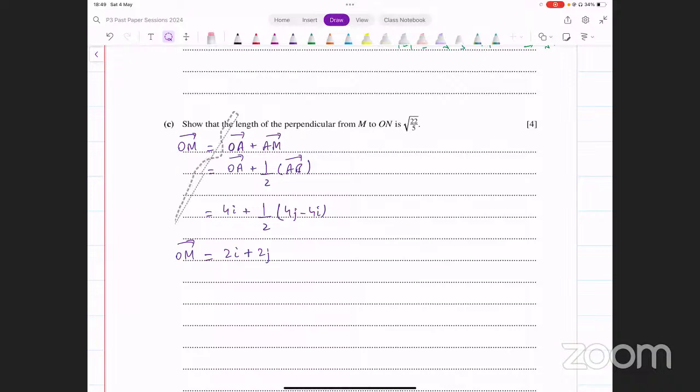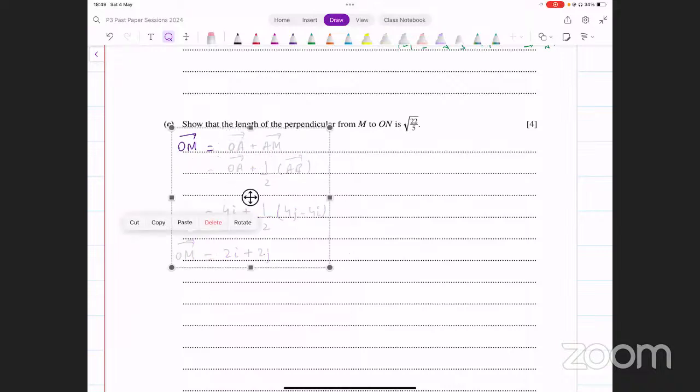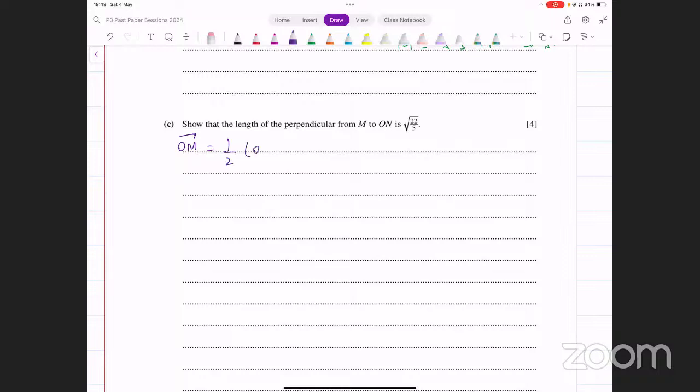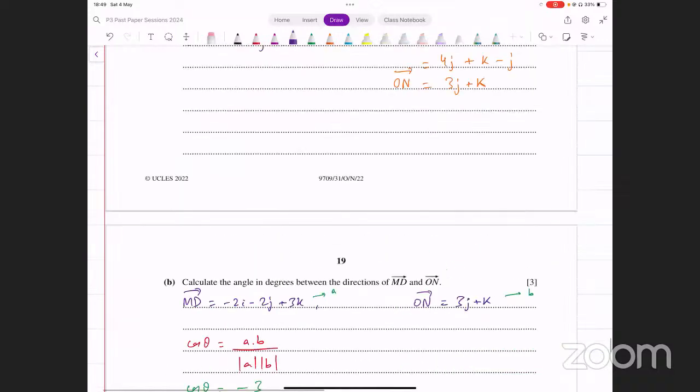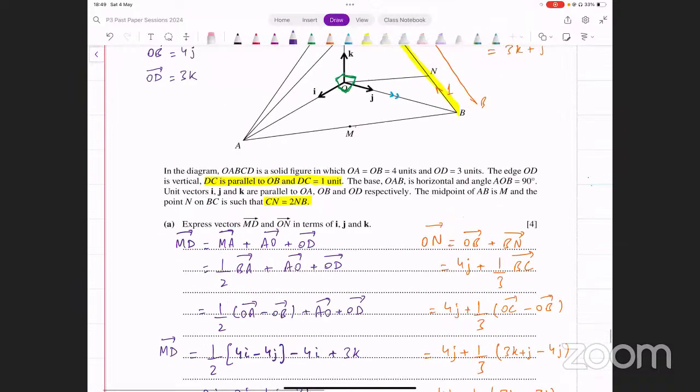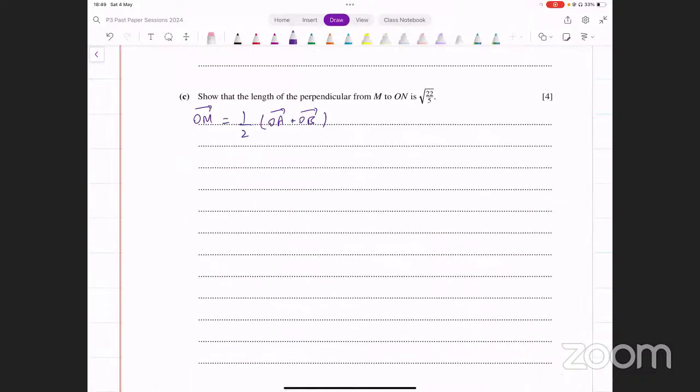OM, the position vector of the midpoint, can be written as half of OA plus OB. And that will also give the same result. OA was 4i and OB was 4j. And that also gives you 2i plus 2j. So you could also do it this way.